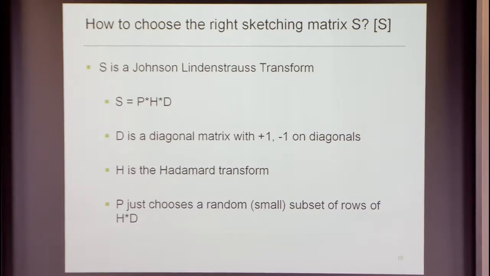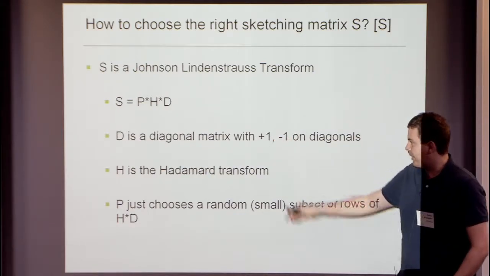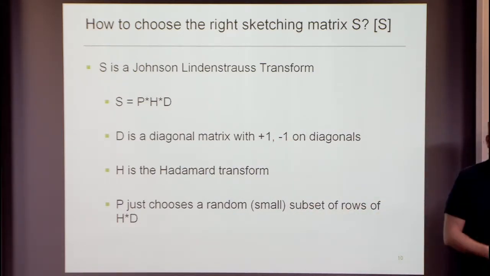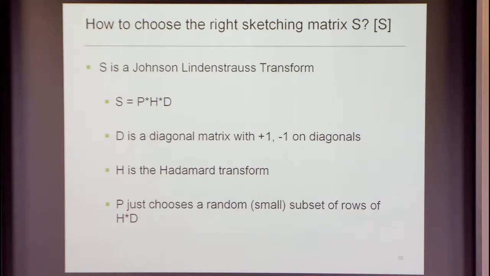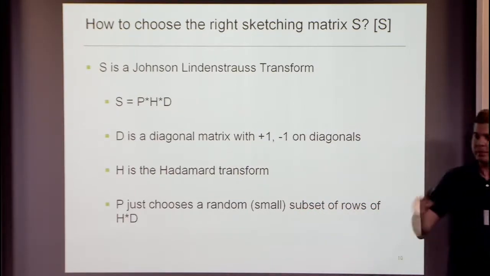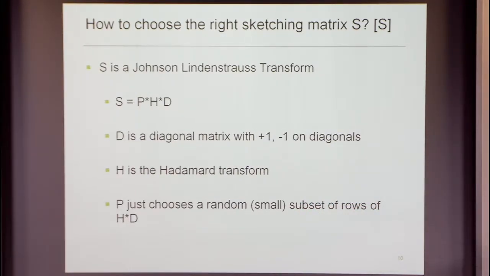Note that S can actually be applied very quickly to a vector. If I want to apply it to one of the columns of A, I can apply a diagonal matrix in linear time. The Hadamard transform can be applied in n log n time to any n-dimensional vector. And I can easily choose a small subset of coordinates of a vector in at most linear time.